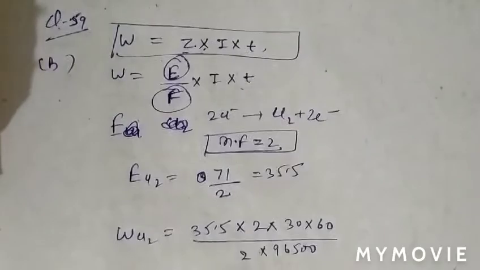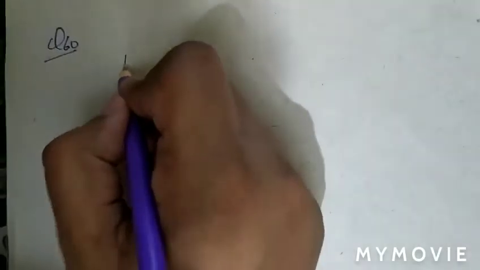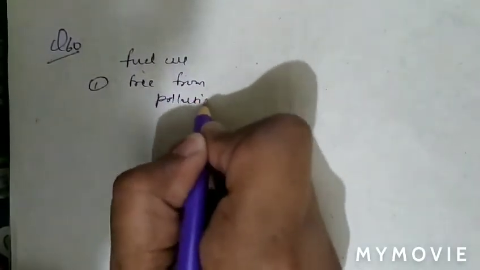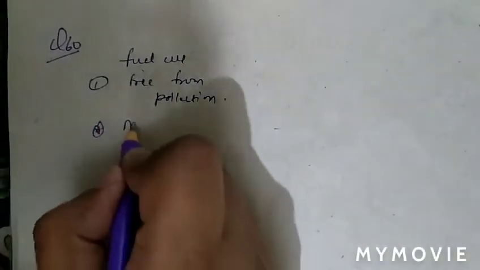See question number 60. Question number 60 is based on the fuel cell. We know which statements are true for a fuel cell. Fuel cell is free from pollution, eco-friendly, and has more efficiency.